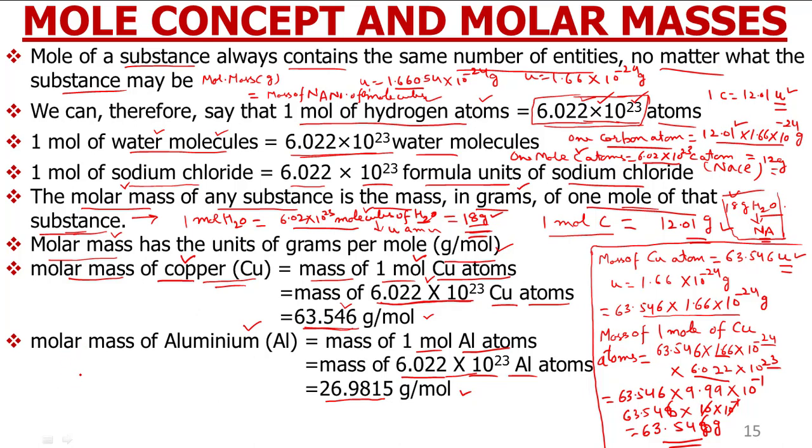So what is the relation? The weight of 1 mole of atoms is equal to its atomic weight, or we can say the mass of 1 mole of anything is equal to its molar mass, which has a unit gram per mole.